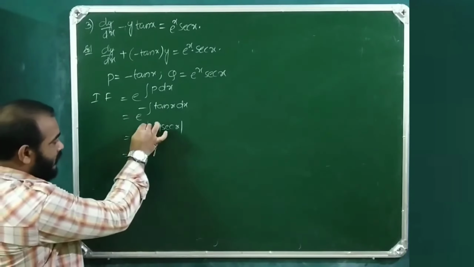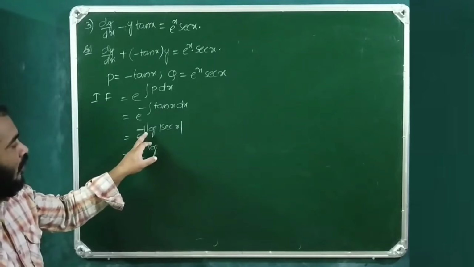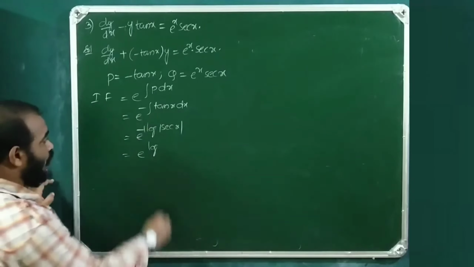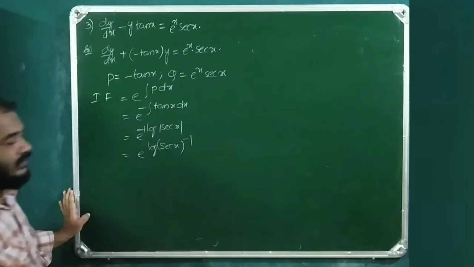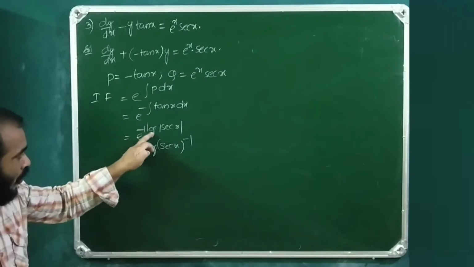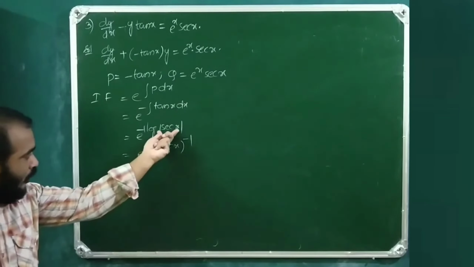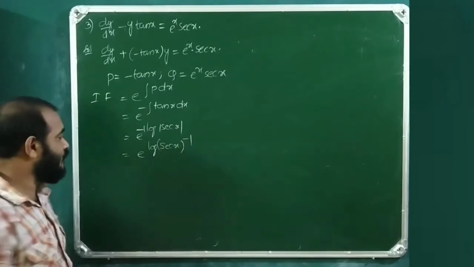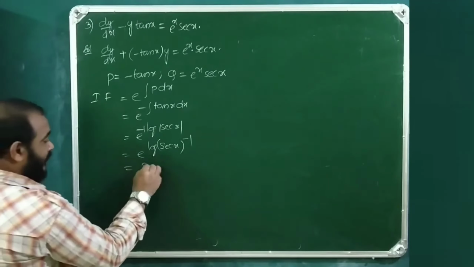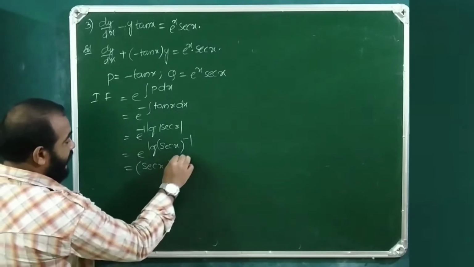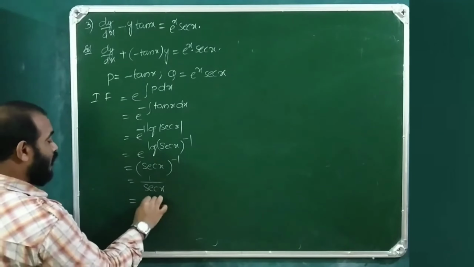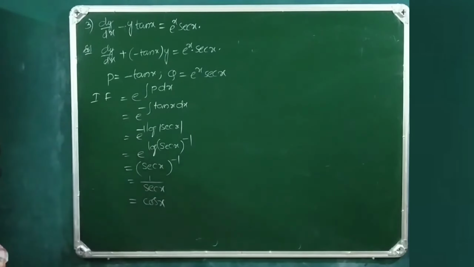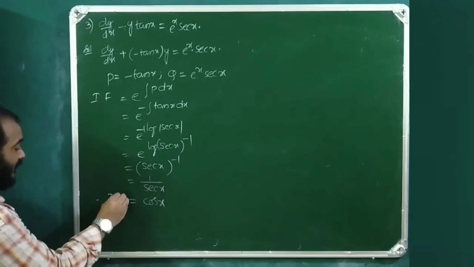The minus can be written as minus 1, so minus 1 times log secant x can be written as log of secant x inverse, using m log a equals log a to the power of m. So this is secant x power minus 1, which is 1 by secant x, which is cos x. This is the integrating factor.